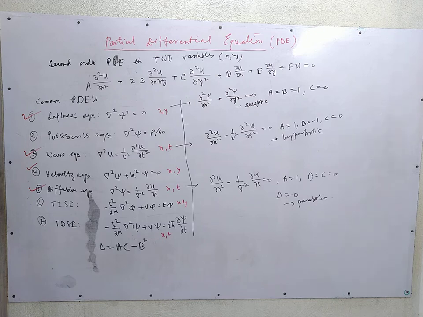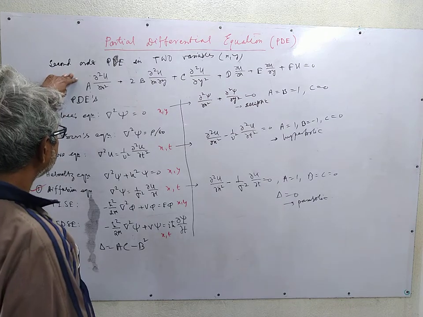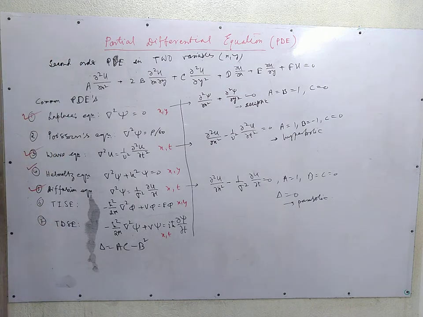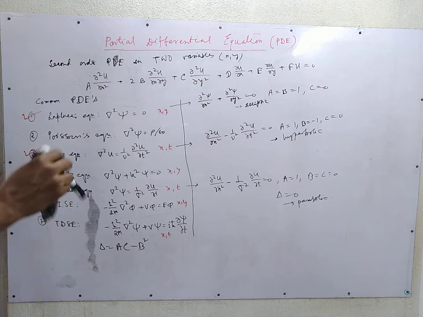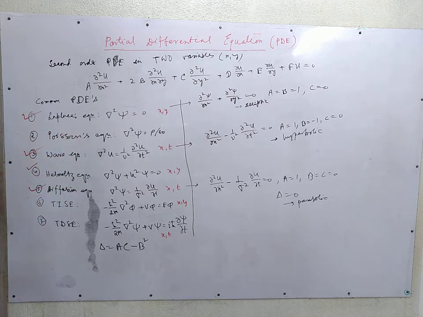What happens when more than two independent variables are involved? Obviously, the definition of classification of partial differential equations no longer holds when there are more than two independent variables involved, and in all of these cases there may be more than 3 variables.